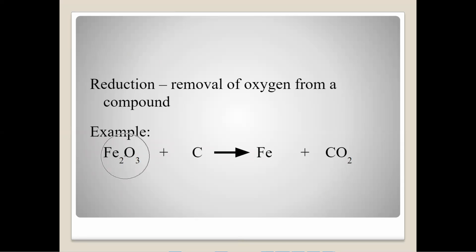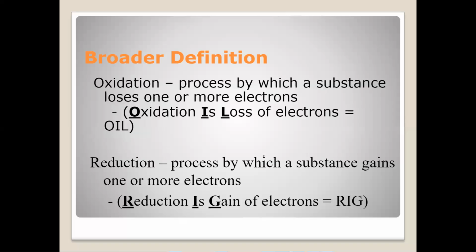Our iron 3 oxide that we formed when reacting with carbon, look at what happens. My iron 3 oxide is now stripped of the oxygen. The oxygen has been removed, and so we now just have iron itself being formed. So that is what they were looking at in terms of redox.